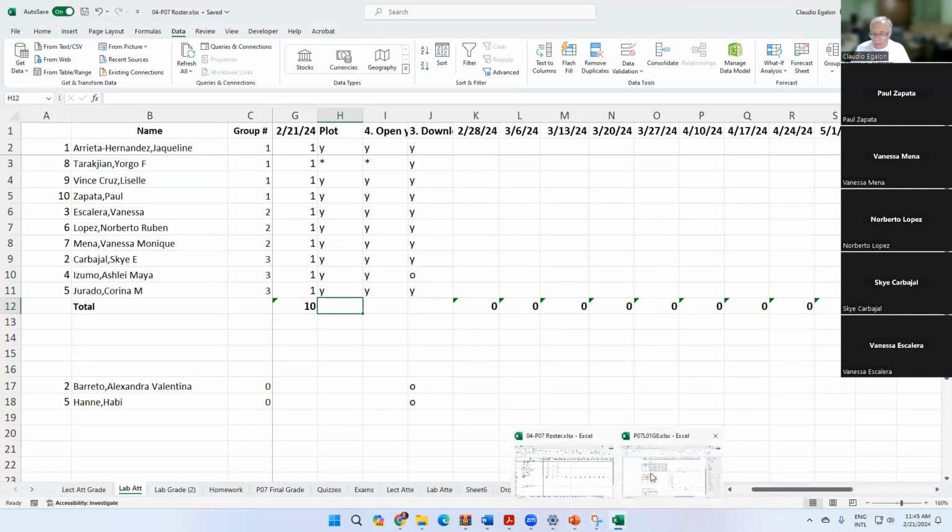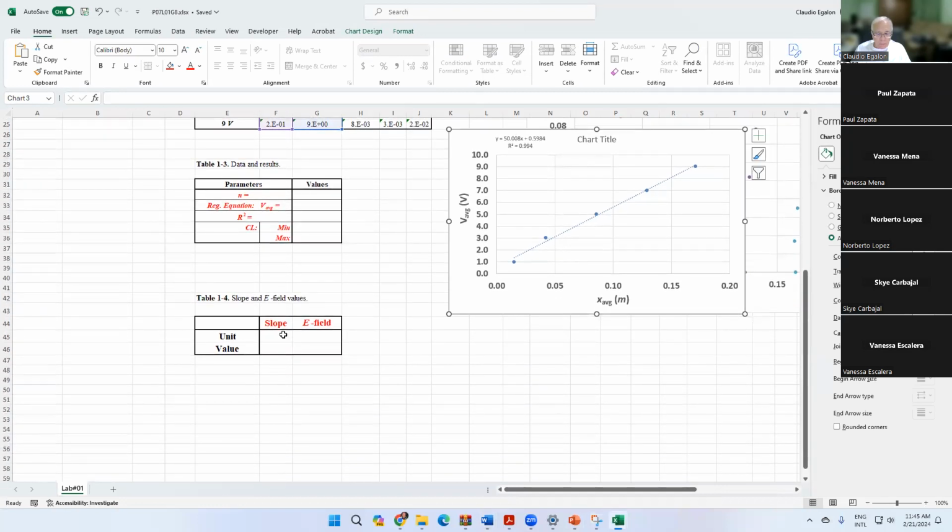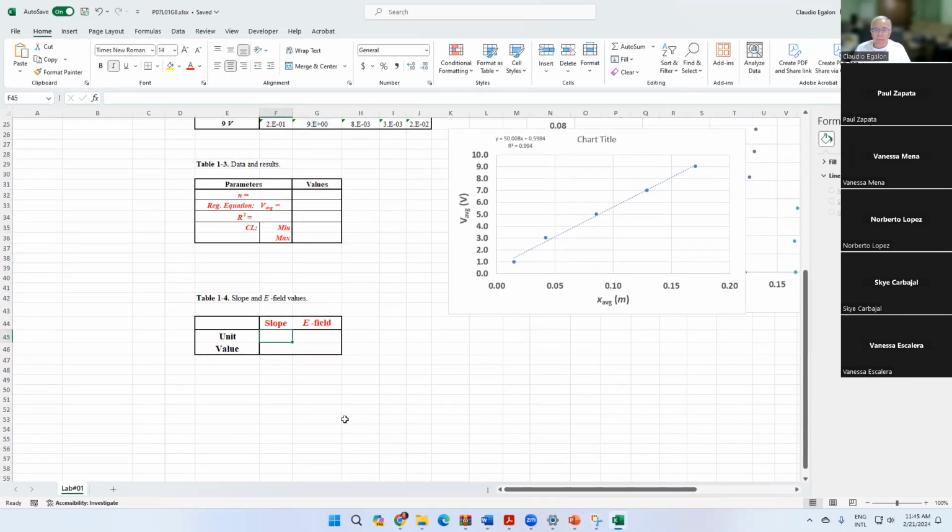Here you go. This one. What you want to do is 1.4. You want to write that down: 50. Okay, 50.008, which is the strength of the electric field. Joules per coulomb, and then you gotta put the unit as well.